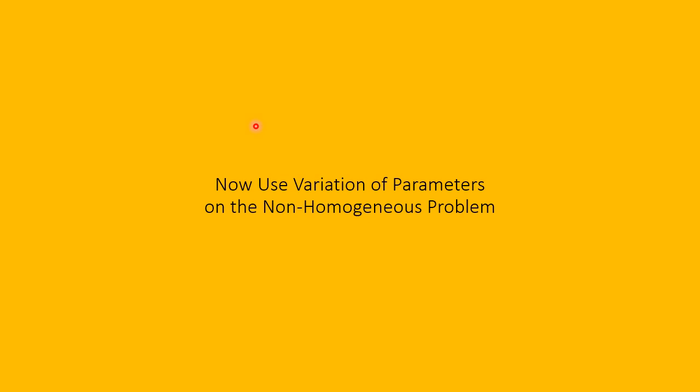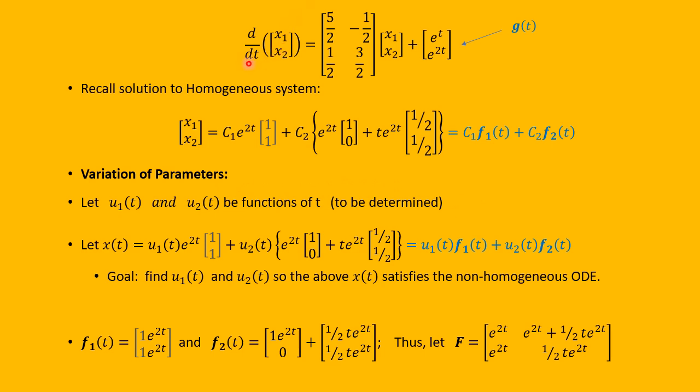So now we're ready to solve the non-homogeneous problem by using variation of parameters. So here we have the non-homogeneous problem. The derivative with respect to t of the vector valued function x is equal to this matrix A times x plus this term that makes it non-homogeneous, e to the t, e to the 2t, and this term before we called g of t.